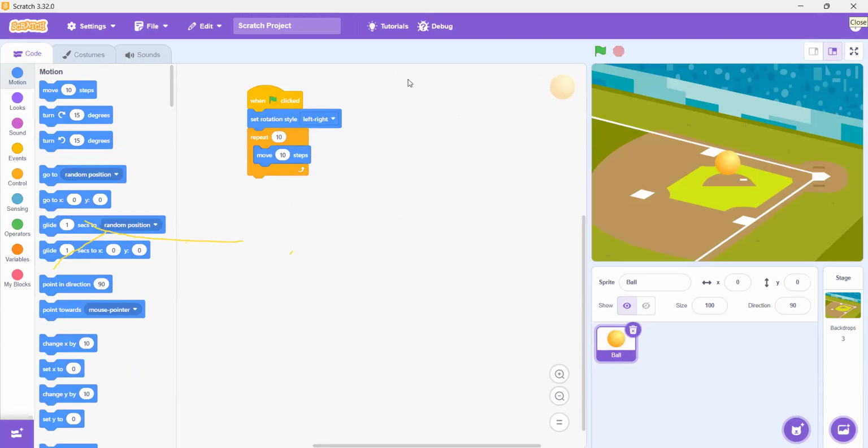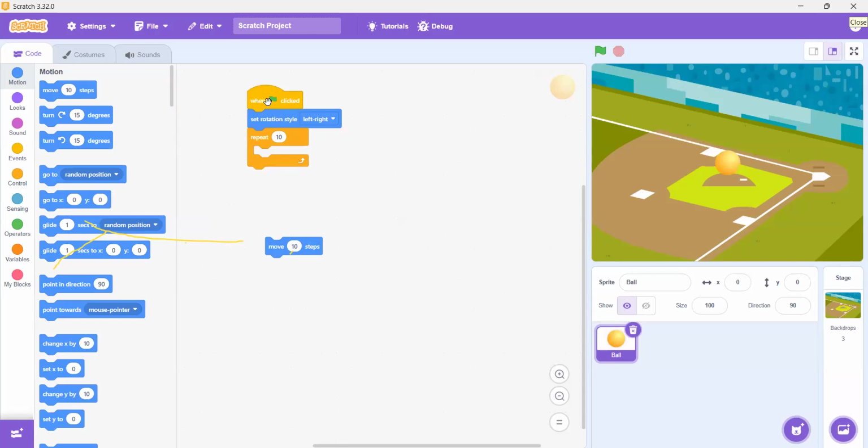Now see, when I click on the green flag, did you see? Now I'll remove this and bring it back to the center. To bring it back to the center, I will change the coordinates straight away to 0 and 0. It has come back.